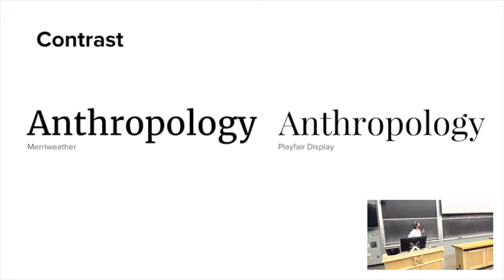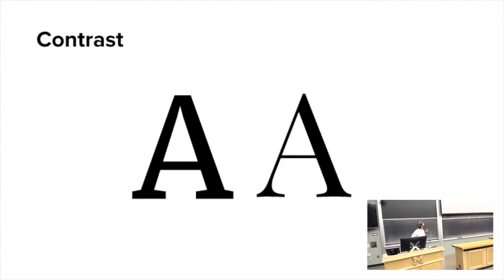Contrast is something else to consider when you're trying to figure out which kind of font you want to use. Let's zoom in on these two A's. Typography is originally people writing with pens, and then eventually it was the printing press. Originally, some of the fonts that you know on your computer were knocked out with chisels in marble thousands of years ago.